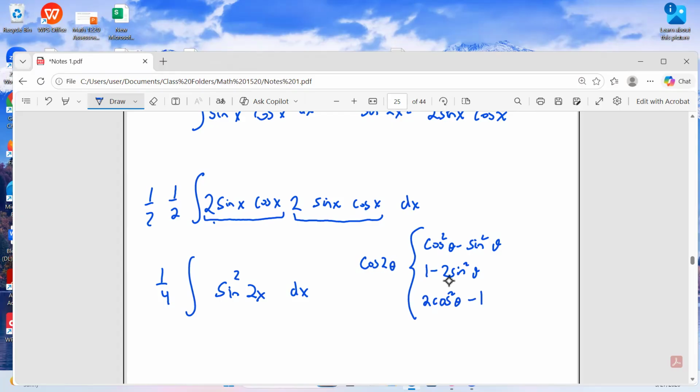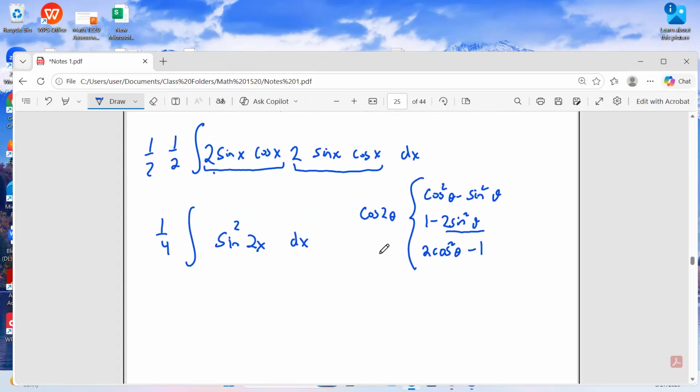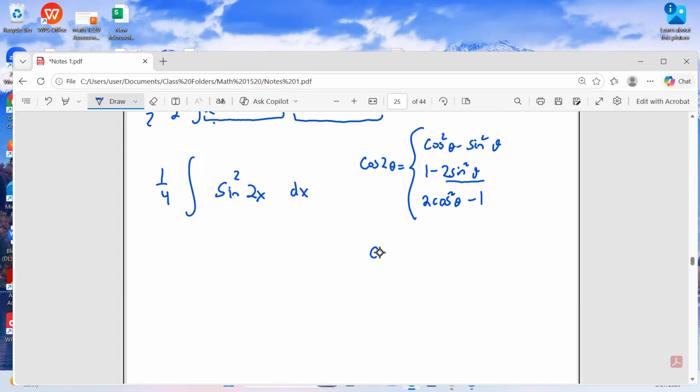The reason I put these up is because notice we have a sine squared theta here, and only a single power of cosine on the other side. So I'm going to say cosine of 2 theta is equal to 1 minus 2 sine squared theta, and we're just going to solve for sine squared theta.